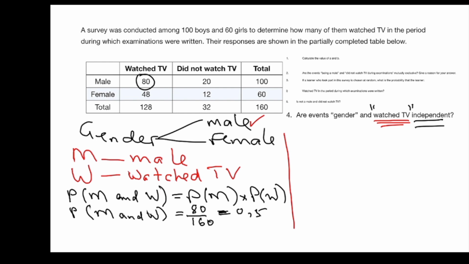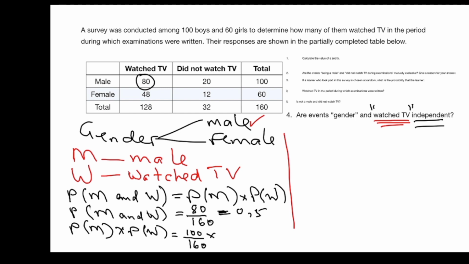Now we need to check the probability of M multiplied by the probability of W. Probability of M means the probability that one person picked at random is a male. How many males are there altogether? We have a total of 100 males out of 160. That is multiplied by the probability that a person picked at random watched TV.